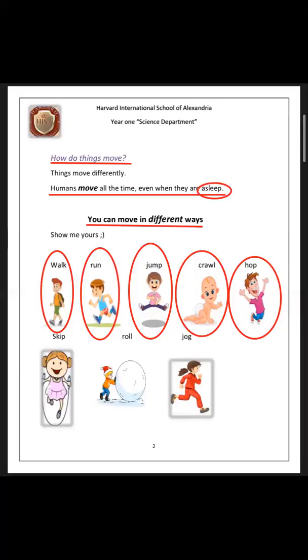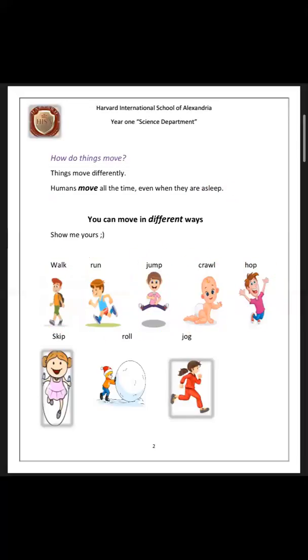Okay, let's go to the picture of the girl who is skipping. Do you know how to skip a rope? This is skipping the rope. This is a kind of movement also. The boy next to her is rolling the snowball. Or maybe you can roll any kind of ball.